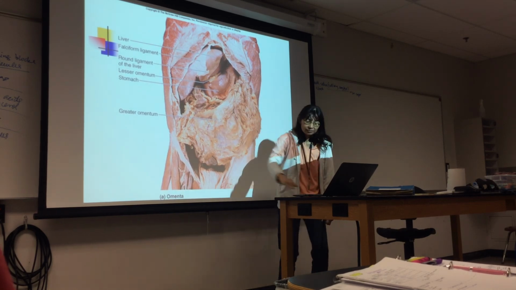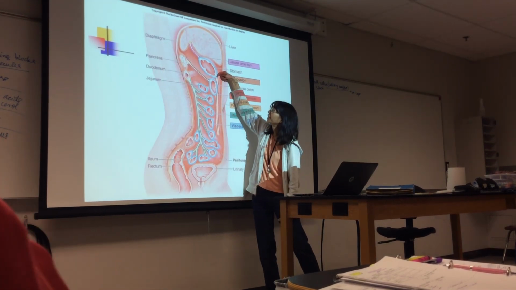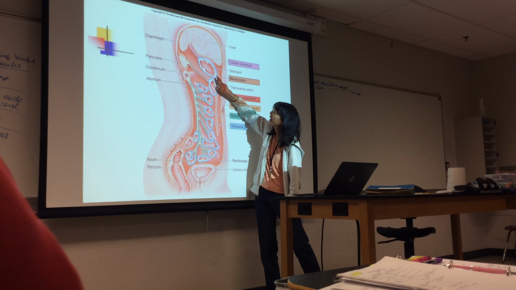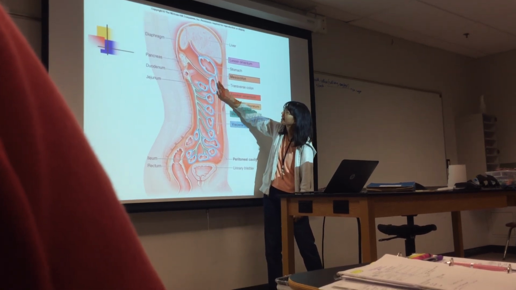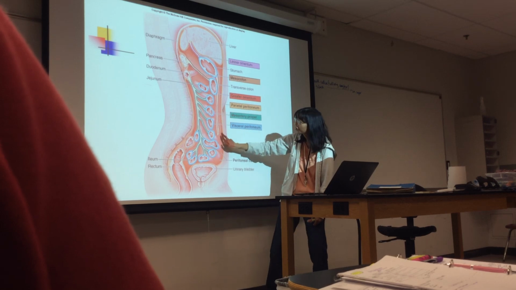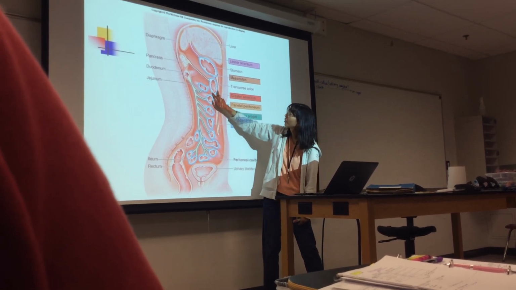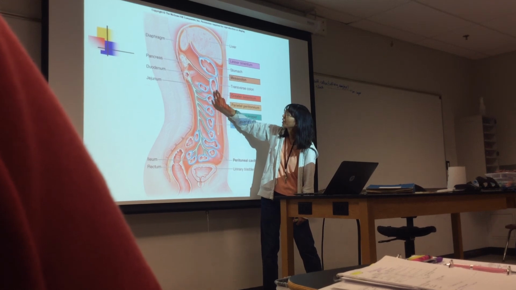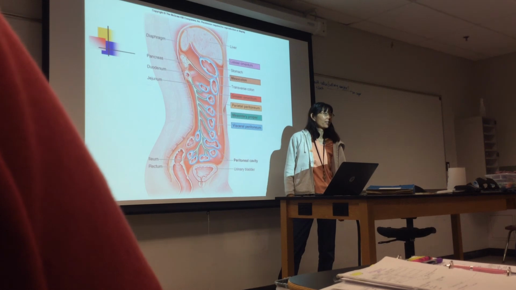There we go. Greater curvature is here. Coming on down, there's two lines, right? You can see two lines? Two lines coming on down, and it's going to make a U-turn, coming on up, and it wraps around the transverse colon. So that's the greater omentum.